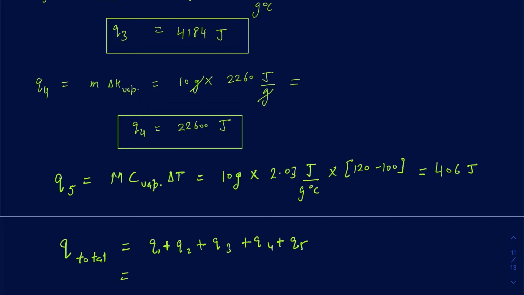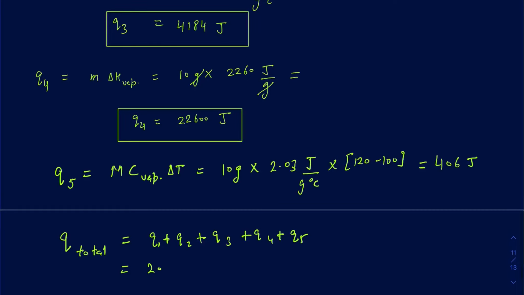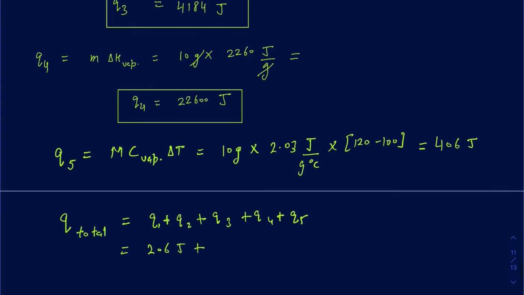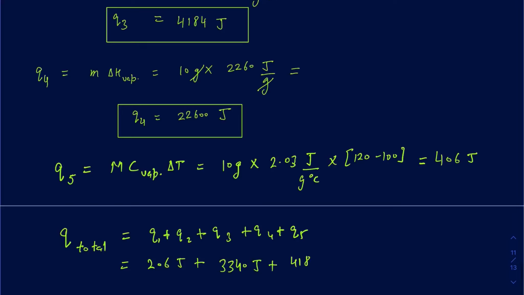We know Q1 is 206 joules, Q2 is 3340 joules, Q3 is 4184, Q4 is 22,600 joules, and Q5 is 406.